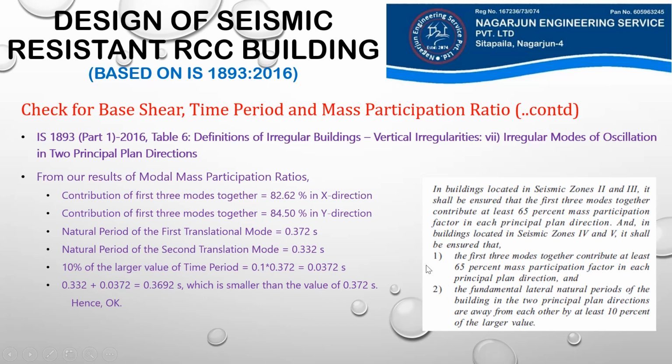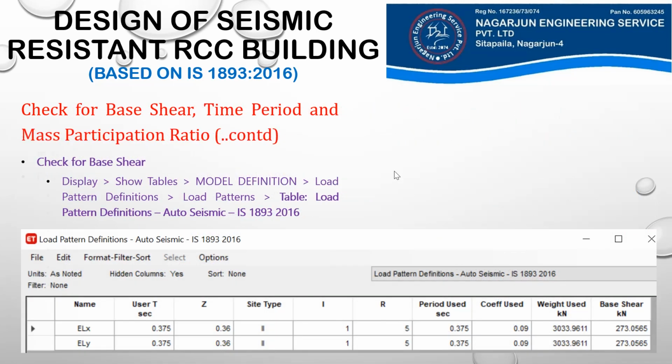So our second clause is also satisfied. In satisfying these two clauses, we confirm that according to Codal provisions, our building structure do not have vertical irregularities. This is one of the clauses. We saw in our ETABS model how to see the value of base shear.